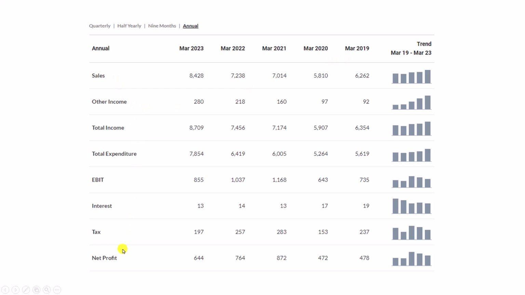Now we have various headings here. Let us try to understand these. First we have sales, and it is 8423 crores. Now what is this?